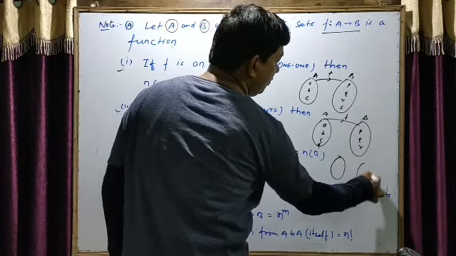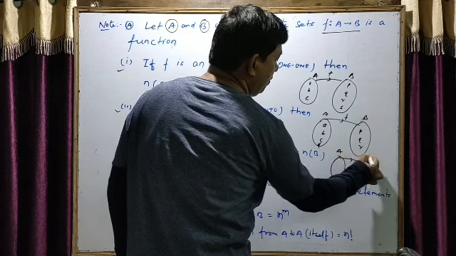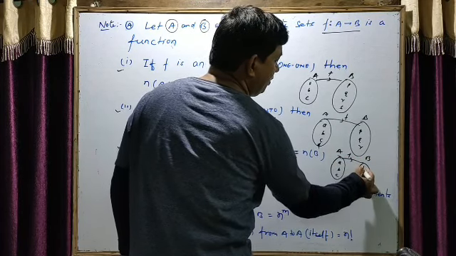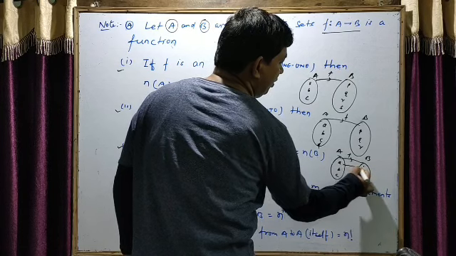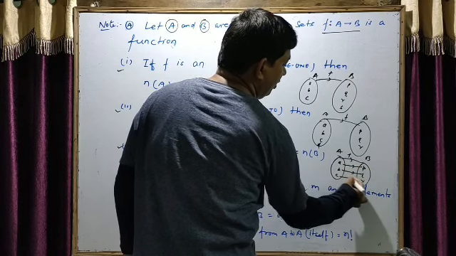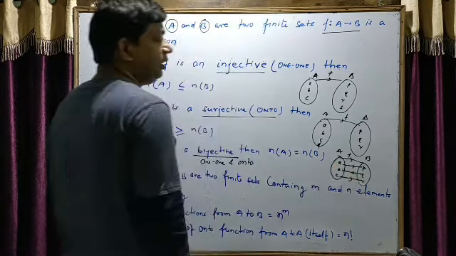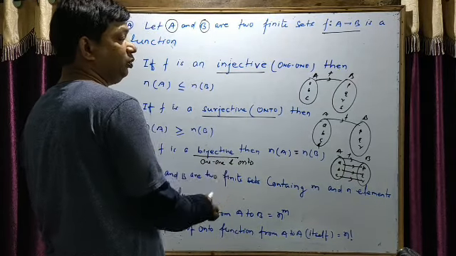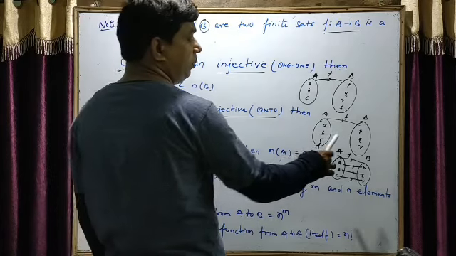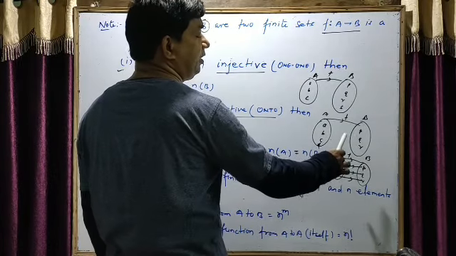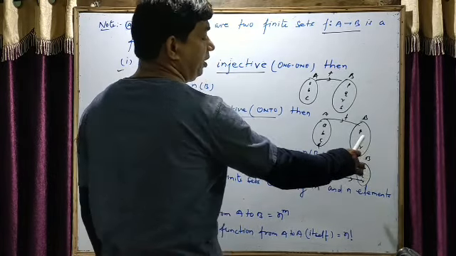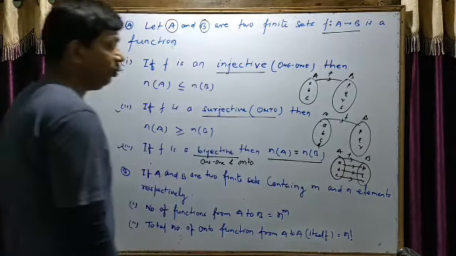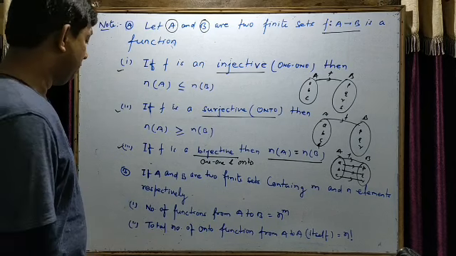Suppose f is a rule from A to B, so A, B, C, and here P, Q, R. So this is related to this, this to this, this to this, a one-to-one correspondence, then it is always one-one and onto, that is bijective. Means the number of elements in set A equals the number in set B, both are equal, then it is one-one and onto, that is bijective.